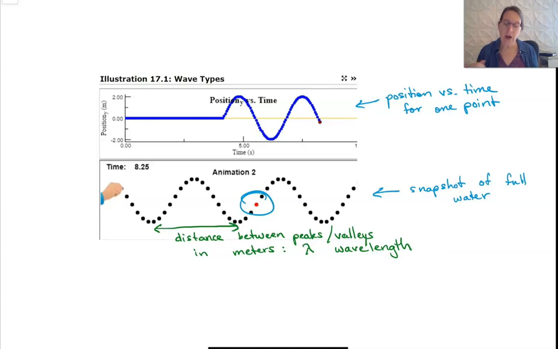That's how high it goes. From both of these, we can get the amplitude. This is the amplitude of the wave, how far it goes in the y direction. For transverse waves, we can get the amplitude either way. For a compression or longitudinal wave, you would only get it from the position versus time information.